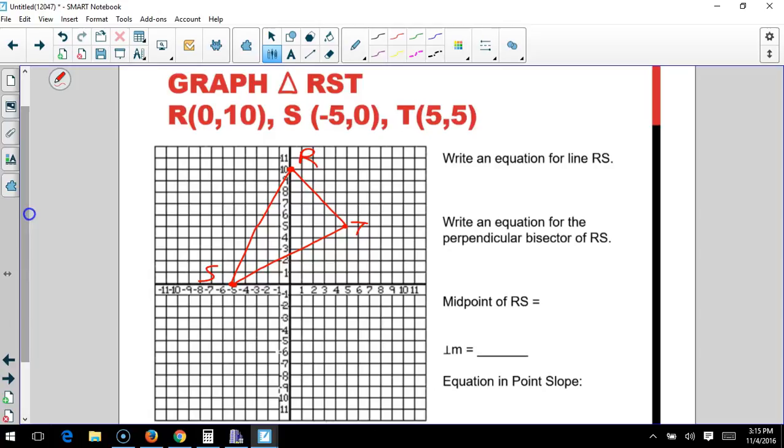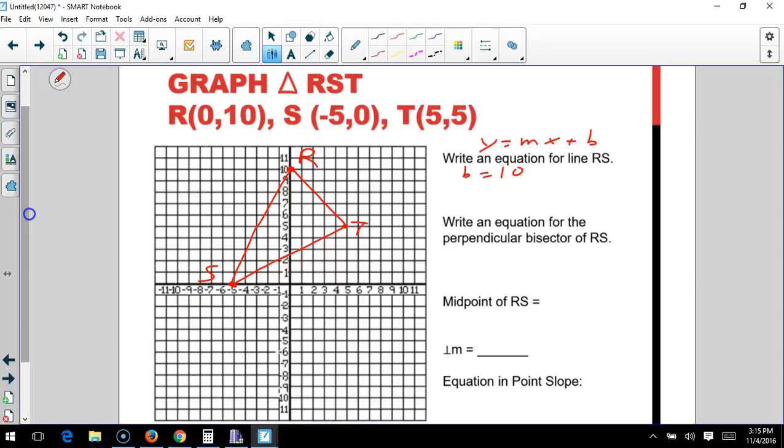So to write the equation for RS, well, first off, we can find the slope, or we just count, because we know the y-intercept is 10. So we can put it in y equals mx plus b form pretty easy. Okay? So my b is 10.